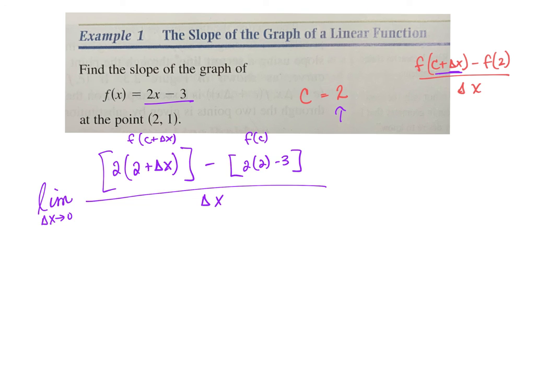And so to simplify it, you're just going to do basic algebra, order of operations. We're going to distribute my 2. So I have 4 plus 2 delta x minus 4 minus 3.